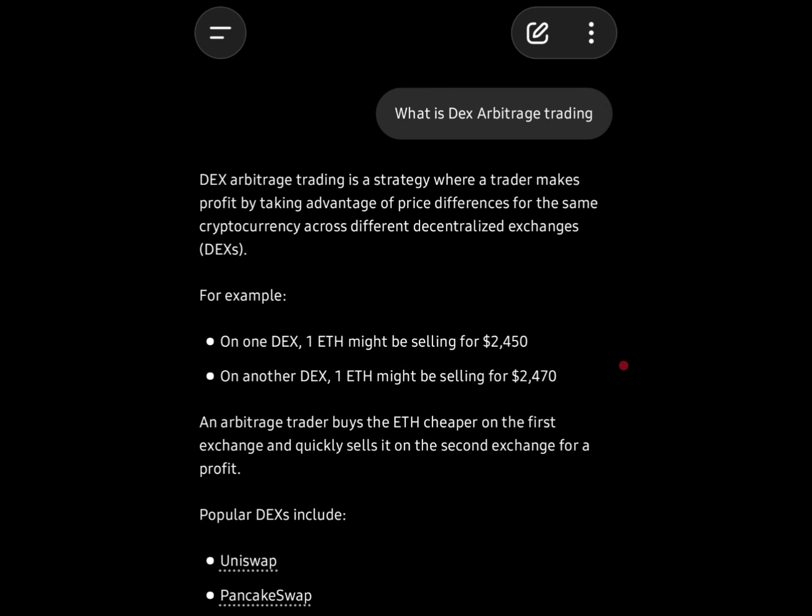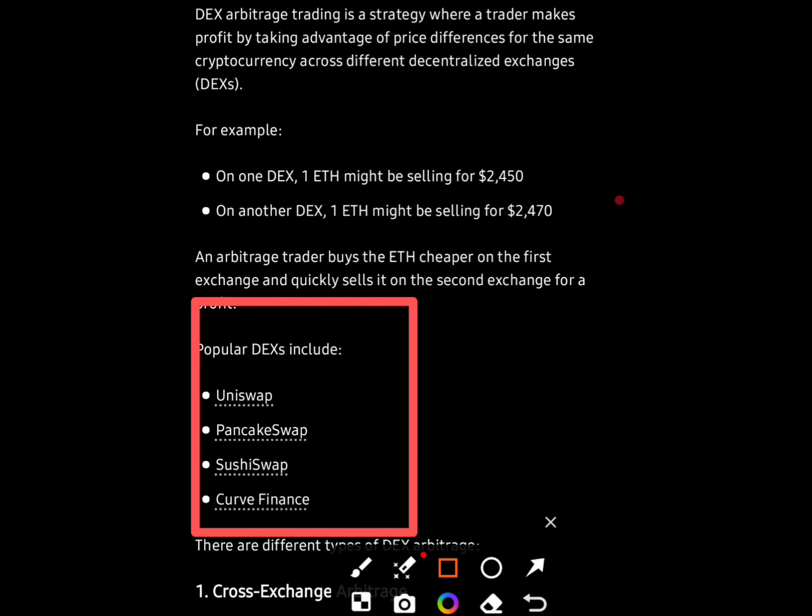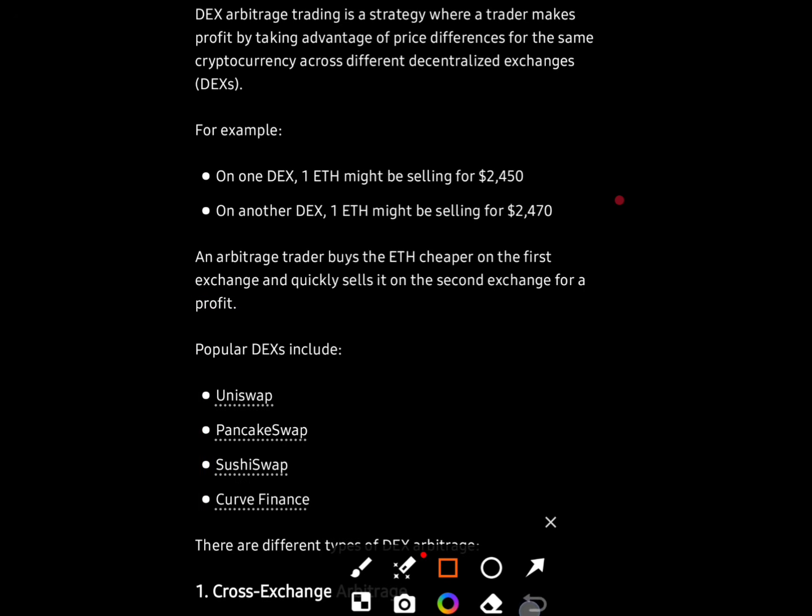That's how you capitalize on it. So here are the most popular DEXs like Uniswap, PancakeSwap, SushiSwap, and the likes. So in a layman's understanding, this is how it is done.